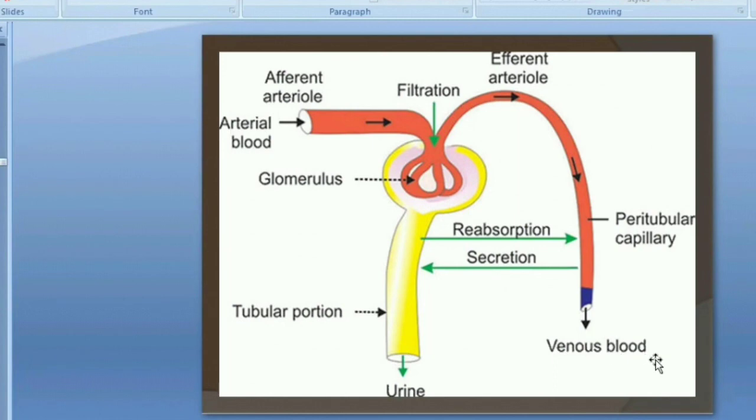Is it clear? The ultimate purpose is reabsorption of necessary nutrients and secretion as well as excretion of the wastes, ultimately leading to urine formation.